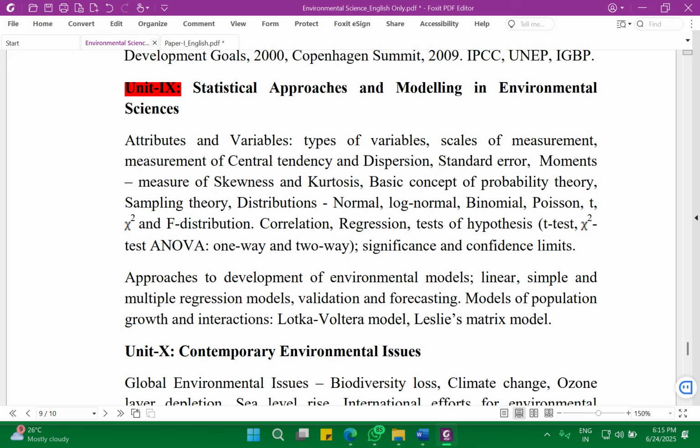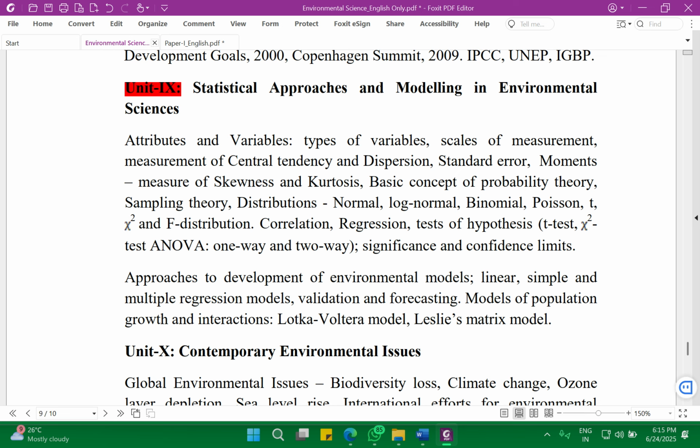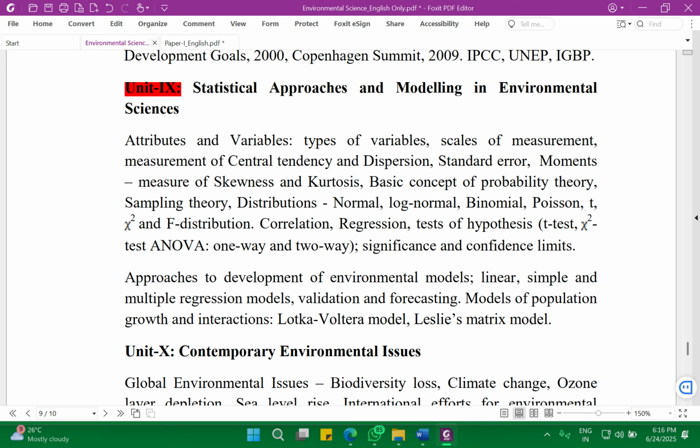So if you go through the old question papers, you can very well score much marks in the statistical part. And mostly we have already studied at least one course in undergraduate, at least two courses we may have studied. In postgraduate, at least one or two courses we may have studied. So just go through those notes. It will be very easy for you.